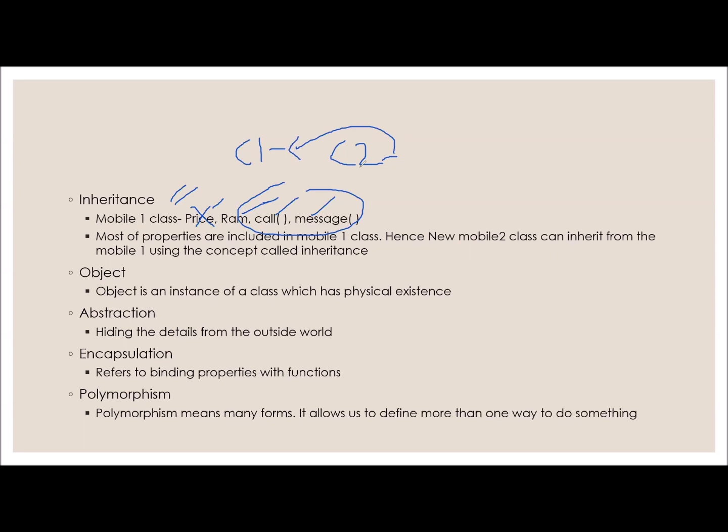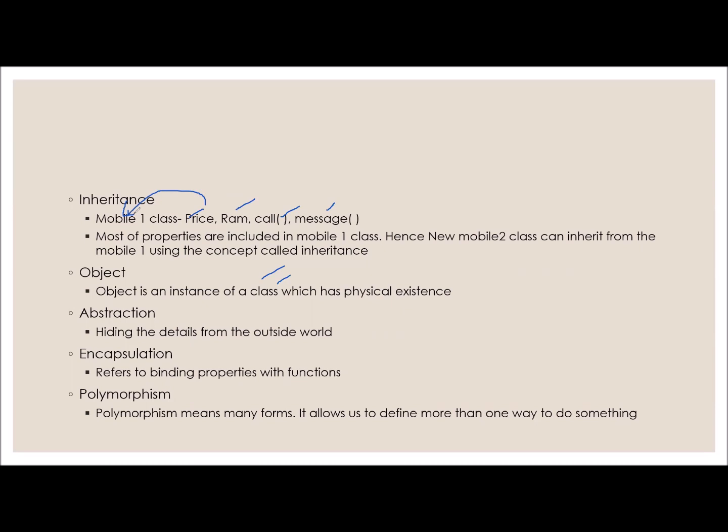So now we are defining object. What is an object? Object is the term for something really existing. Until now, what we discussed about the price, RAM, call and everything, were regarding the mobile only. Here the mobile is the object in our example, and the car is the object in our example. Whatever we are defining is with respect to some object.